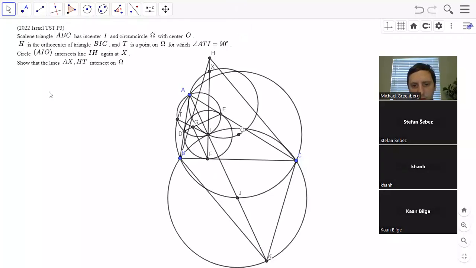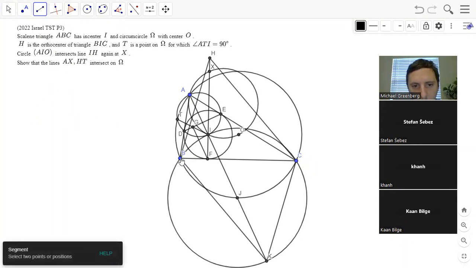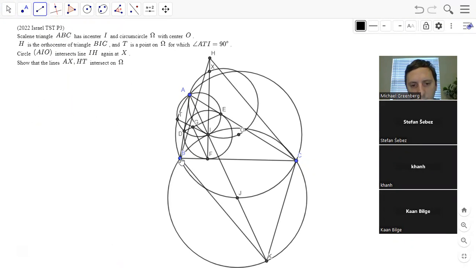Not even that, because we know both HC is perpendicular to AB and BIA is perpendicular to IB. So HC and BIA are parallel, which means it's a parallelogram. So HC and BK have to be parallel for that reason, because these are both right angles.